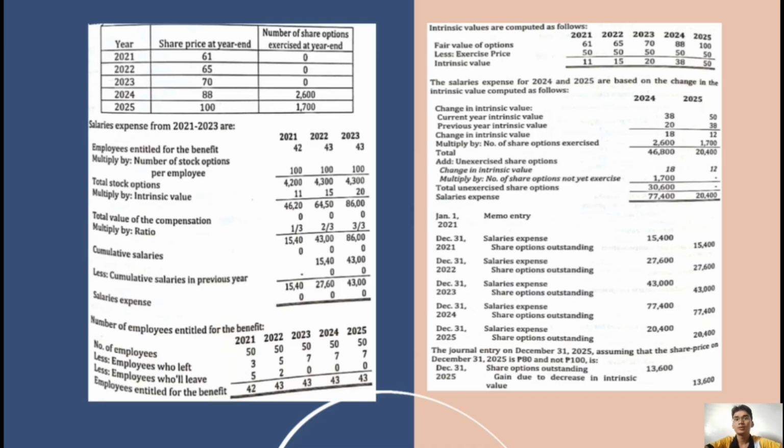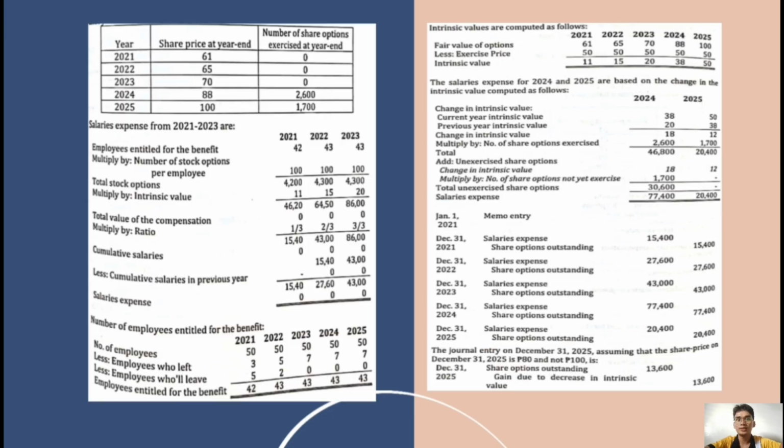Thus, total salary expense for 2024 is 46,800 plus 30,600 equals 77,400. For 2025, no additional unexercised options contribute to salary expenses.